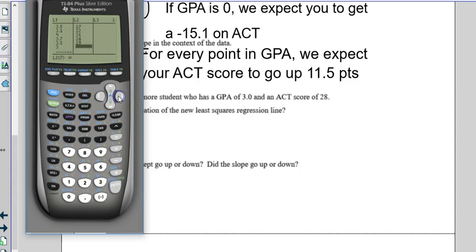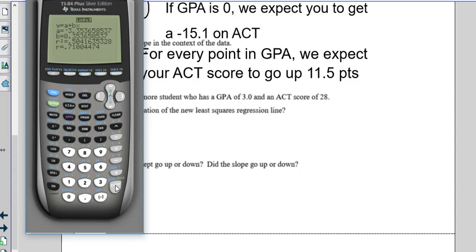Go over to the right, and we're adding an ACT score of 28. And just saying, what is the new equation? Very simply, Stat, Calc 8. Everything's the same, just hit enter. And there's my new information.